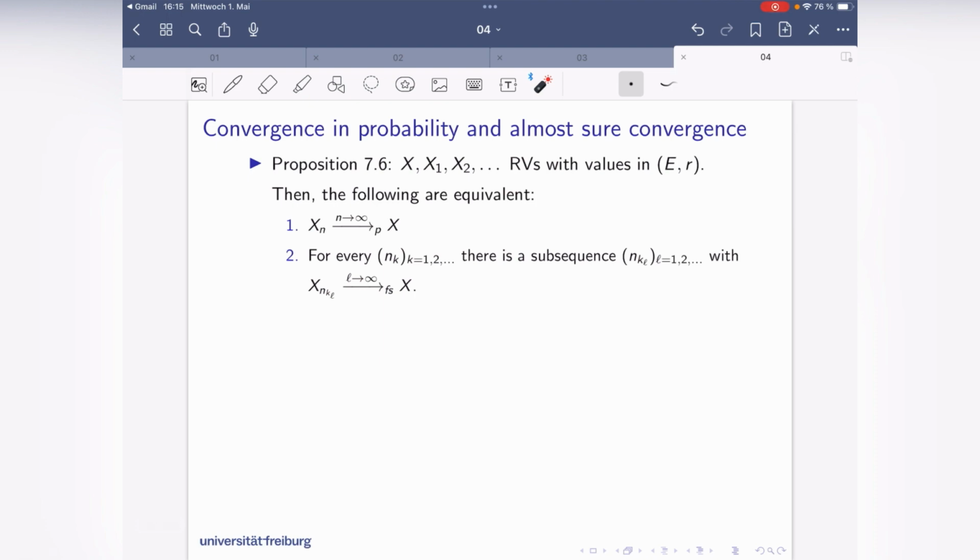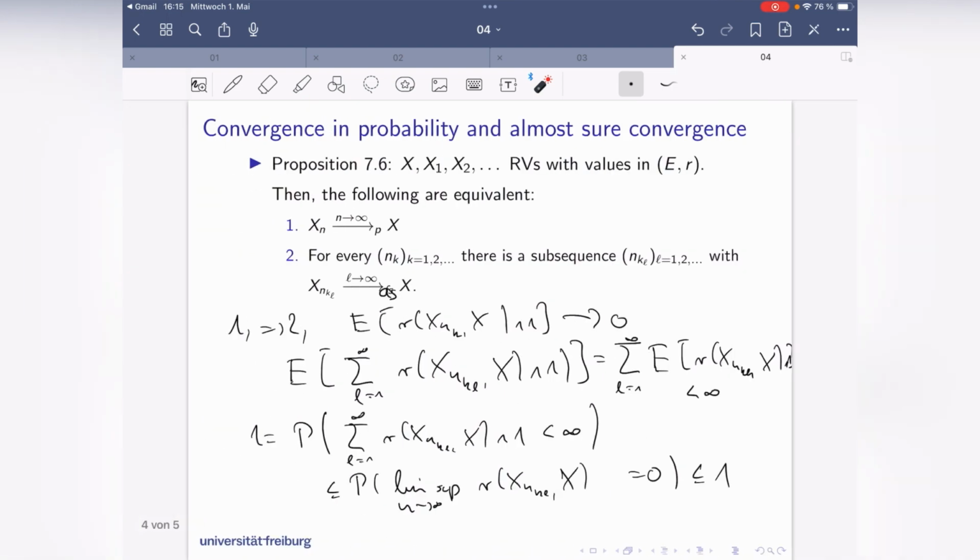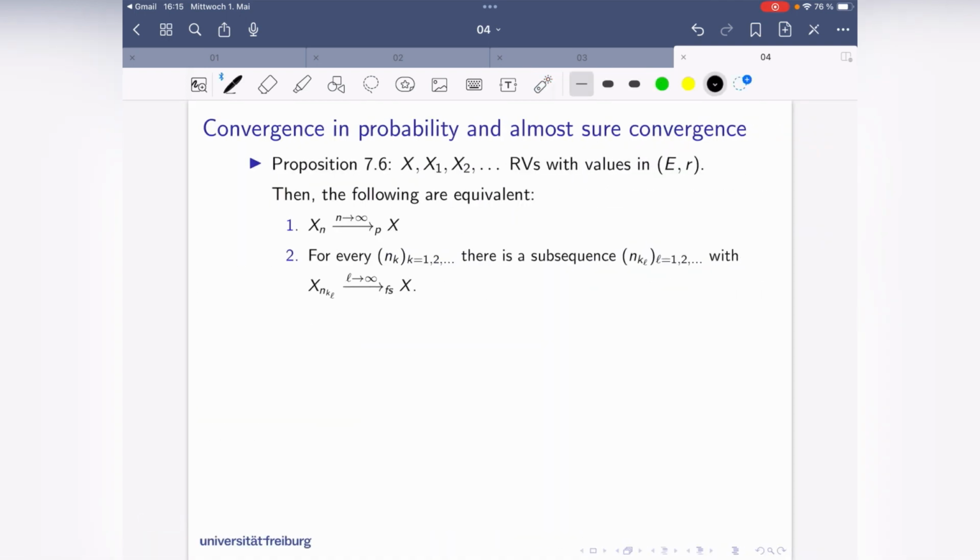And now we need the direction from 2 to 1. I'm going to show the following. If 2 holds and 1 does not hold, then I construct a contradiction, which is the same as showing that 1 follows from 2, because 1 follows from 2 is 'not 2 or 1', and it's just a proof by contradiction to say that this is the same.